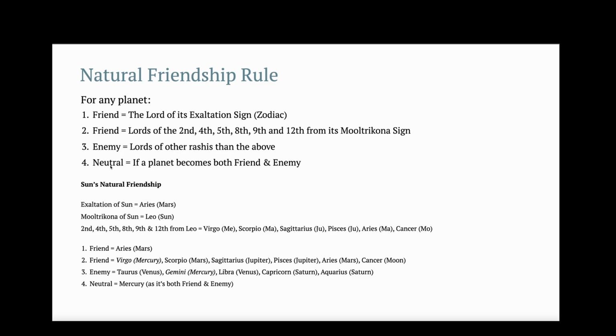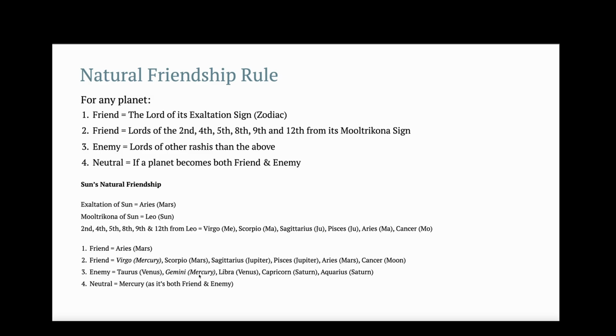The 4th rule says that if a planet becomes both friend and enemy, it's a neutral planet. Here we can see that Mercury is a friend of Sun, as it's the ruler of Virgo, and also Mercury is an enemy of Sun because it's the ruler of Gemini. So Mercury is present in the friends list and also in the enemy list.